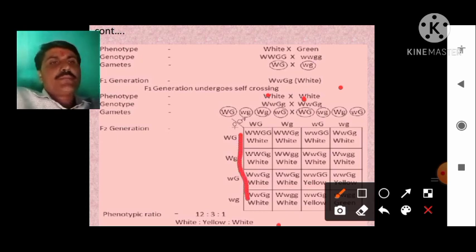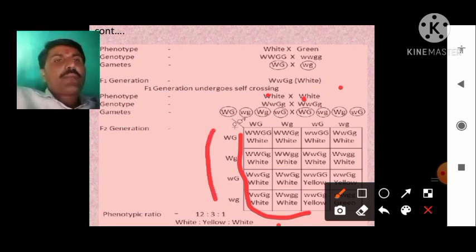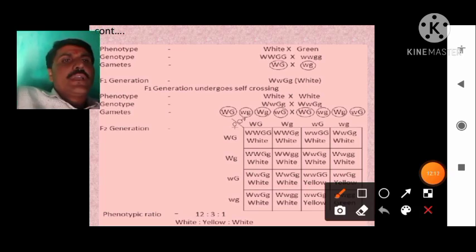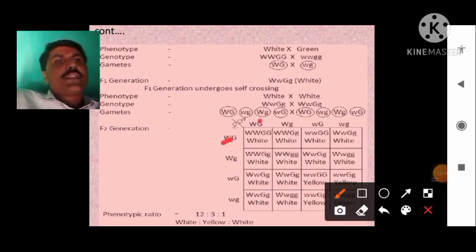The 4 gametes of the female are put on this side, and the male ones on this side of the Punnett square. So this one is crossed over this one.